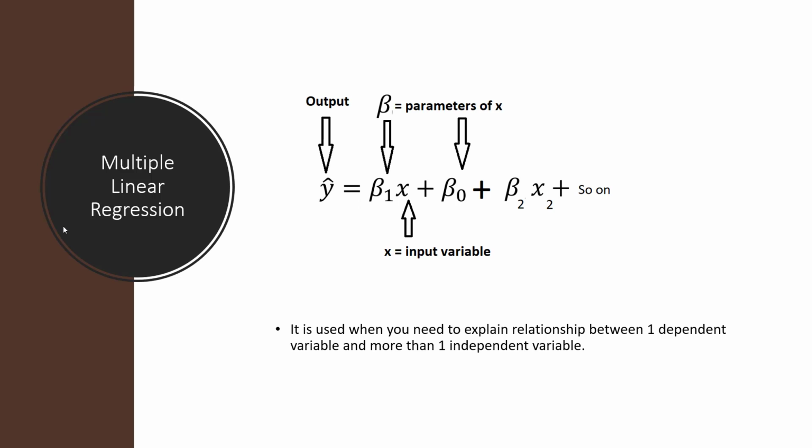The calculation part will remain the same. It's just that the equation will expand to include more variables. You can see that we have beta 1 x plus beta naught plus beta 2 x2 and so on. So the overall equation will remain the same. It's just that we will include more variables in the equation. But as far as functionality and the concept are concerned, it will remain the same.